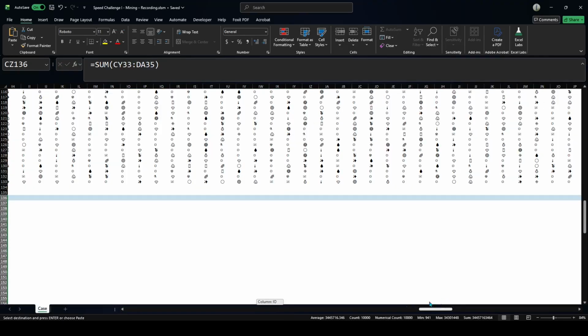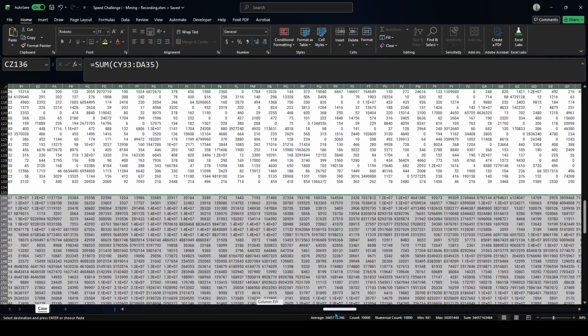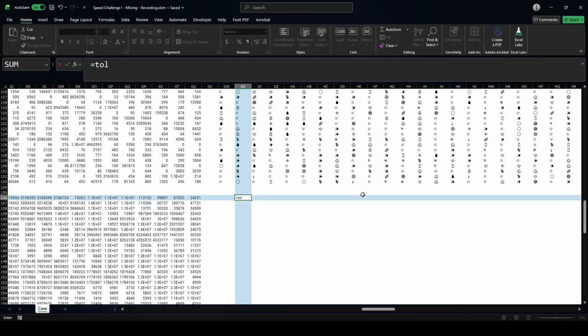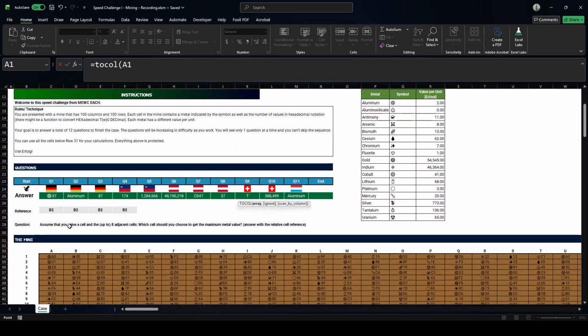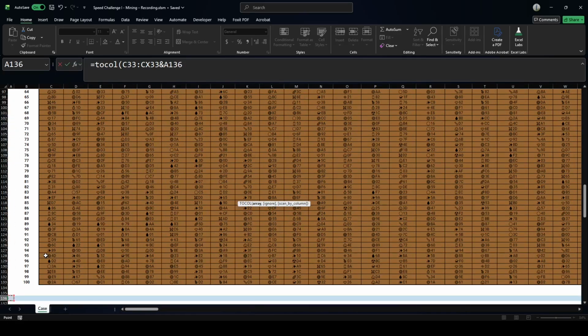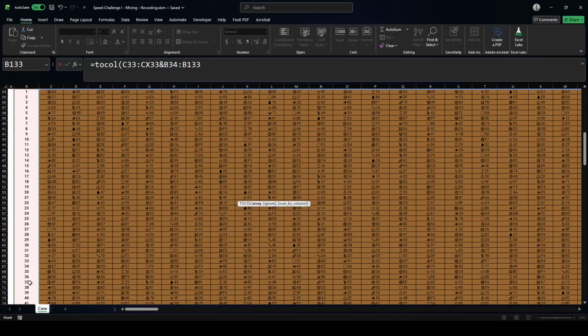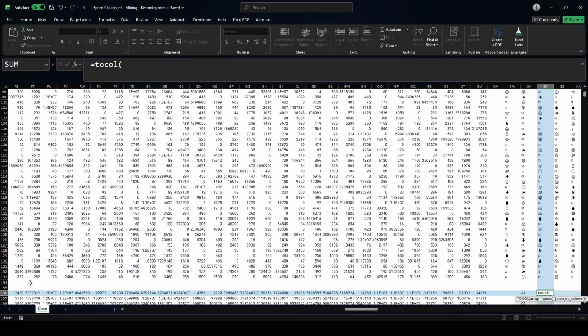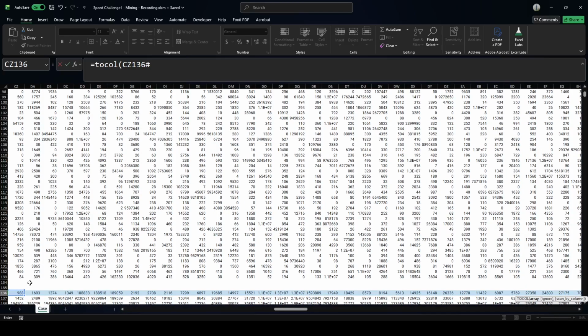There we go. Do I still have the addresses? I don't have the addresses, but over here what I can do is tocol the addresses. Let's get the addresses. Come on, Excel, go faster. Now, there we go. Then we're going to tocol this range.